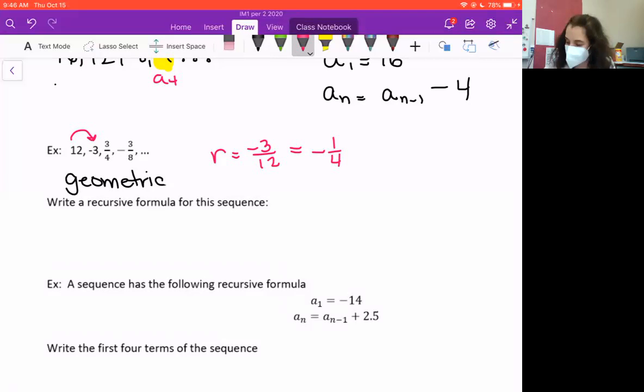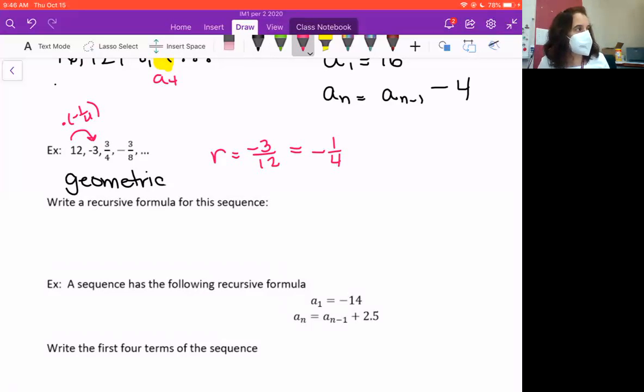So I take 12, I multiply by -1/4, and I get -3. And then you multiply by -1/4. Negative times a negative is a +3/4. And then you multiply by -1/4 again. So you'll notice that this sequence alternates positive, negative, positive, negative. And that's because when you multiply by a negative, you change the sign.